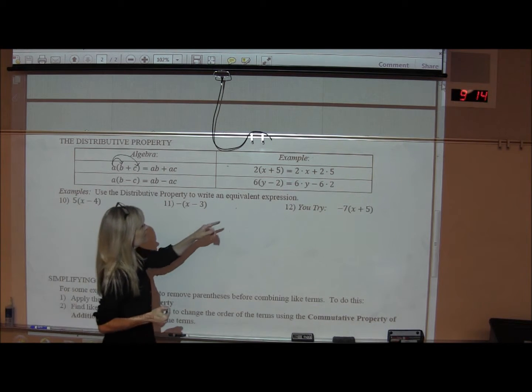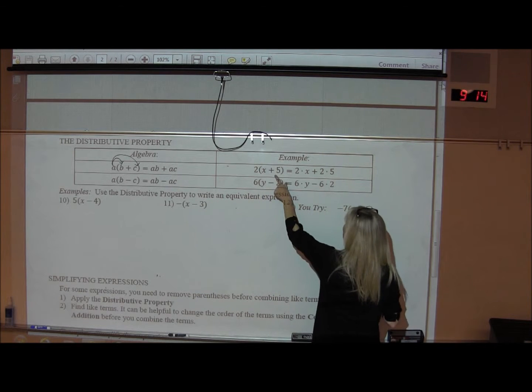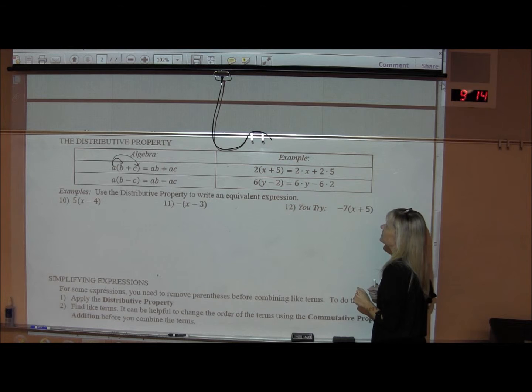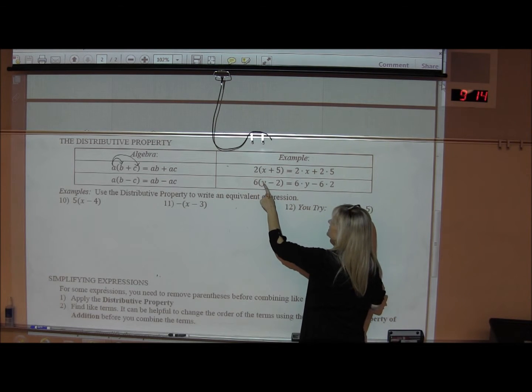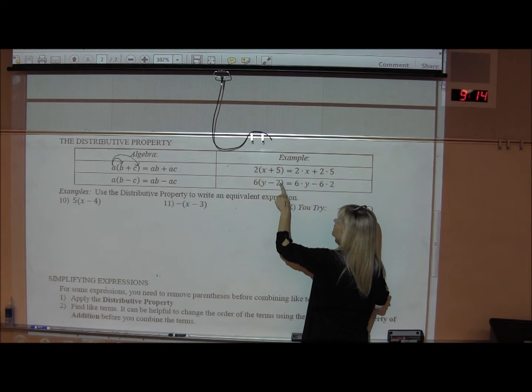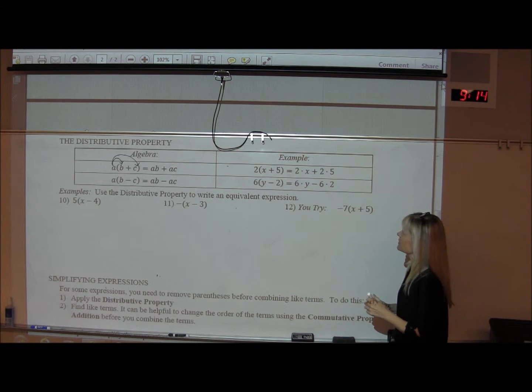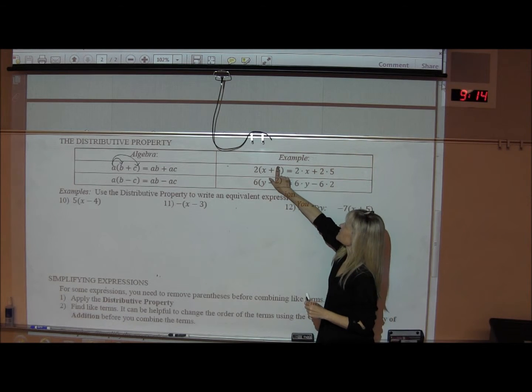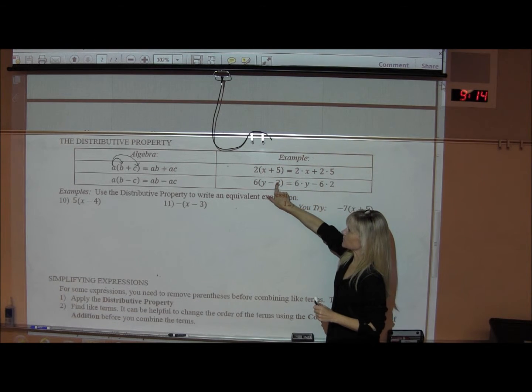And so here are some examples. 2 times x plus 5 is 2 times x plus 2 times 5. Same with this one, 6 times y minus 2 is 6 times y minus 6 times 2. Now, the common mistake is to forget to multiply by this second number.